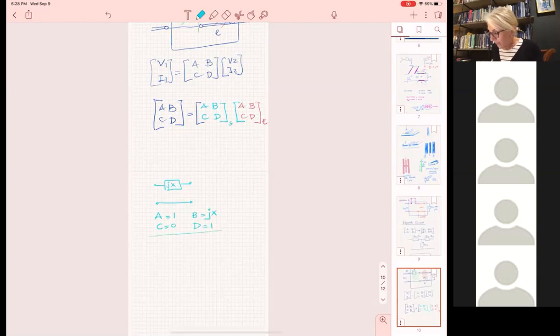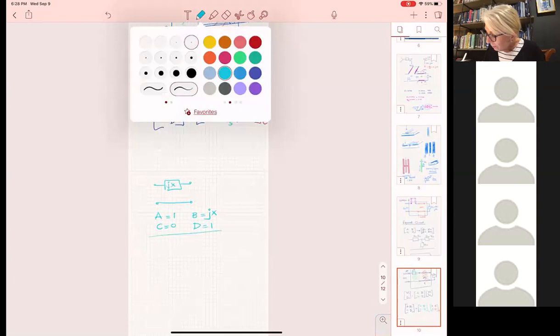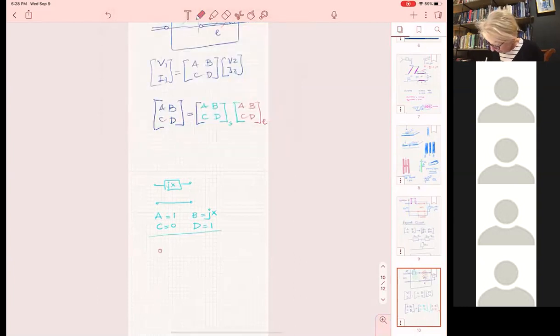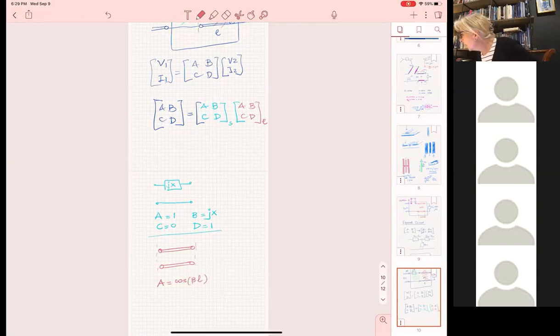So that's it. Then I go to the section of the line, and for this one the transmission matrix is the following. A equals cosine beta L, where L is the length of the line.